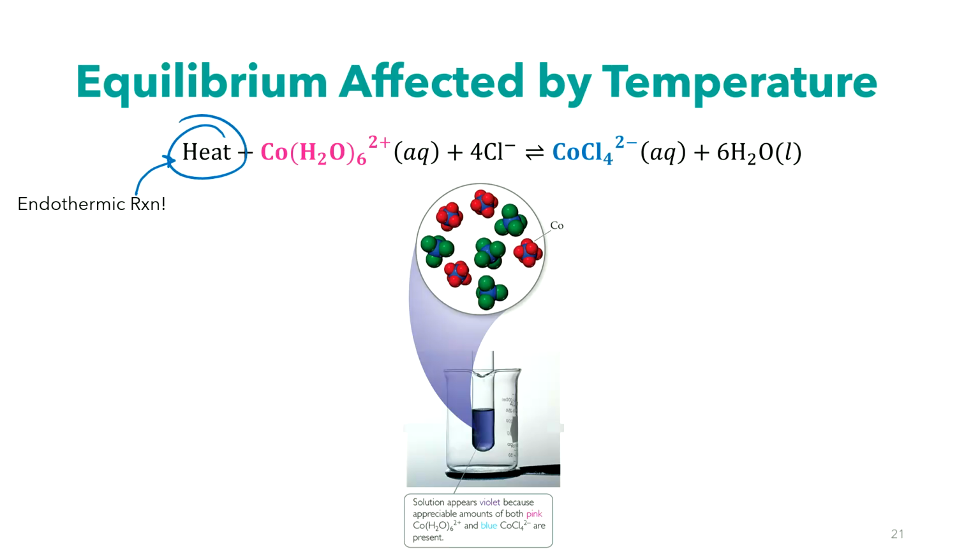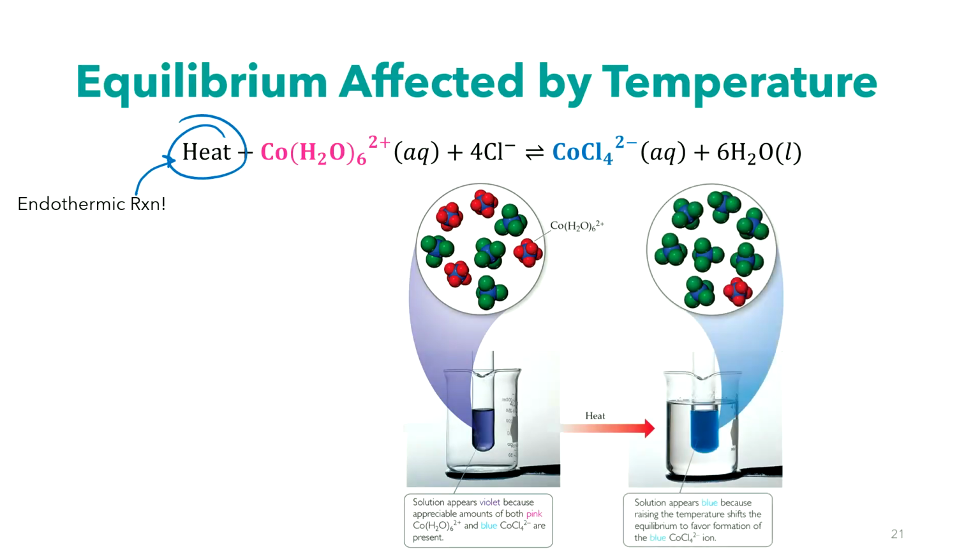So in this case, when it's endothermic, if I increase the temperature, let's do it in red just because I feel like that makes more sense to me. Increase temp, right? That's adding a reactant, because we said this is endothermic, so I need heat to make this happen, so I can think of heat as a reactant.